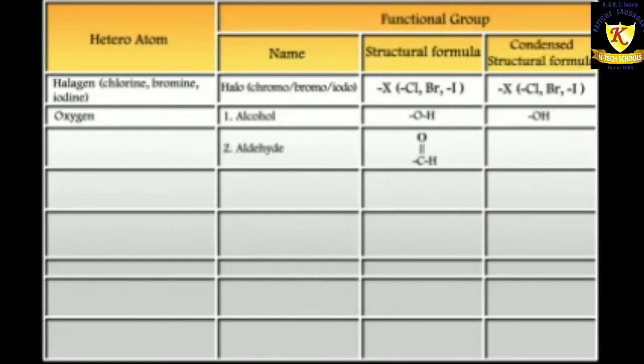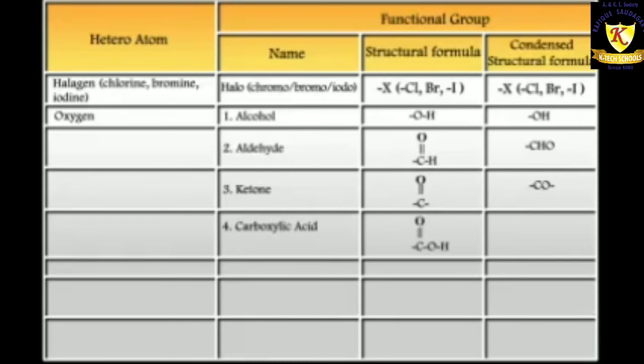Structural formula is C double bond O, H, and condensed structural formula is CHO. Third, we have ketone. Structural formula is C double bond O, and condensed formula is CO. Fourth one, carboxylic acid.